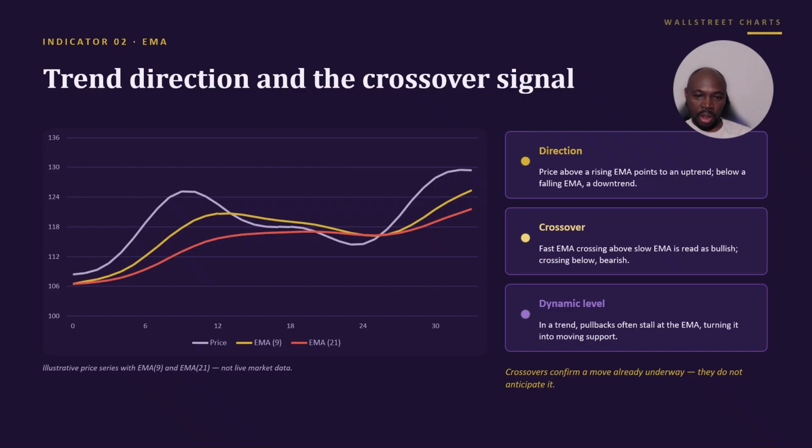In a trend, pullbacks often stall at the EMA. Maybe in the last 10 days it's been stalled at a specific price, trading left and right on that price level for a period of time. Then you want to begin to mark that as a support zone, and that becomes a moving average going forward.